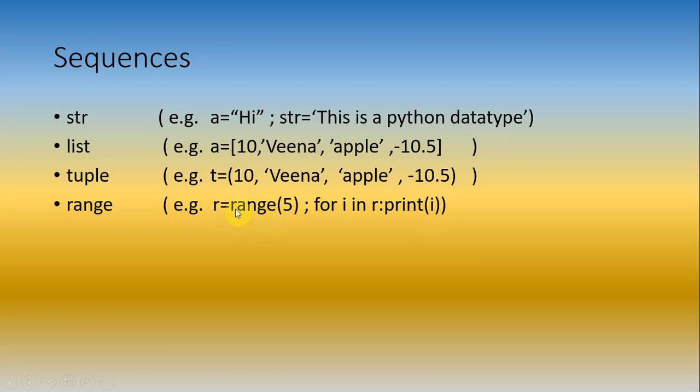Now, all these values 0 to 4 will be stored in r, and when you say for i in r colon print i, it will print 0, 1, 2, 3, 4. Now, this for i in r colon is basically a for loop, which we will see in our next videos. For now, range basically stores a sequence of numbers.